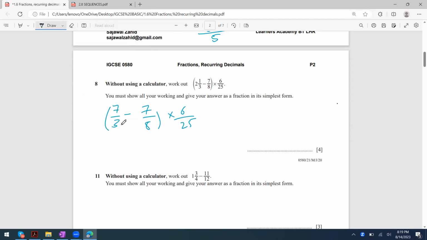So we can take the LCM. 8 threes are 24. The LCM of 8 and 3 is 24. So make both of them 24. 3 multiplied by 8, up and down multiply by 8. Up and down multiply by 3.